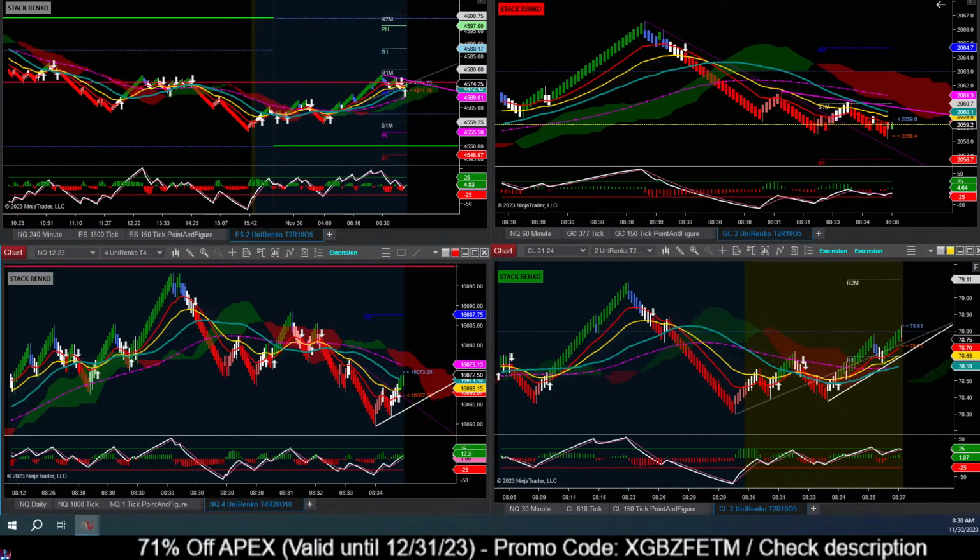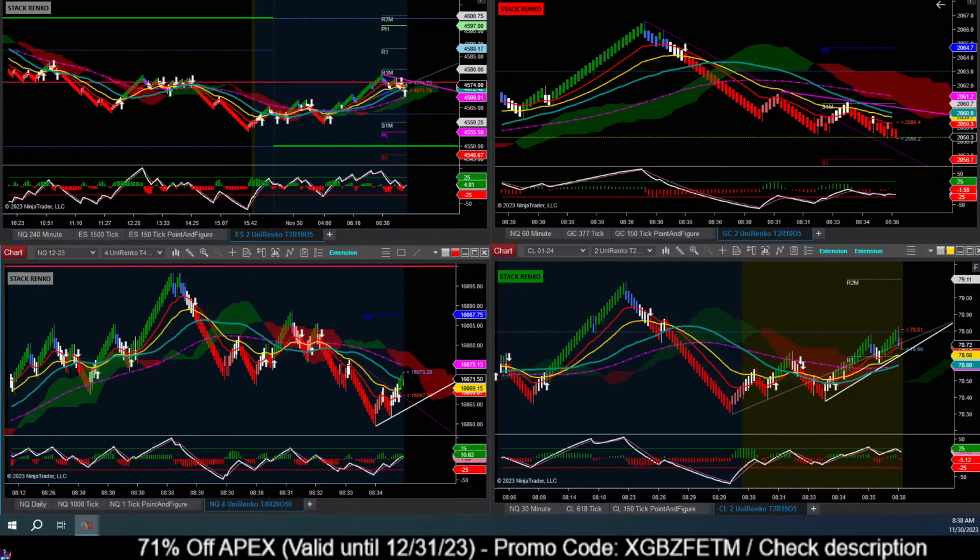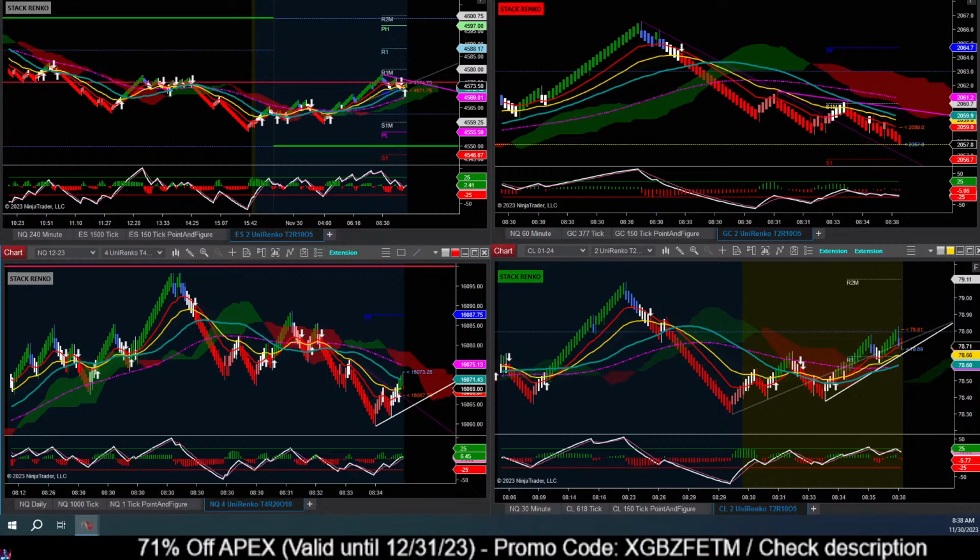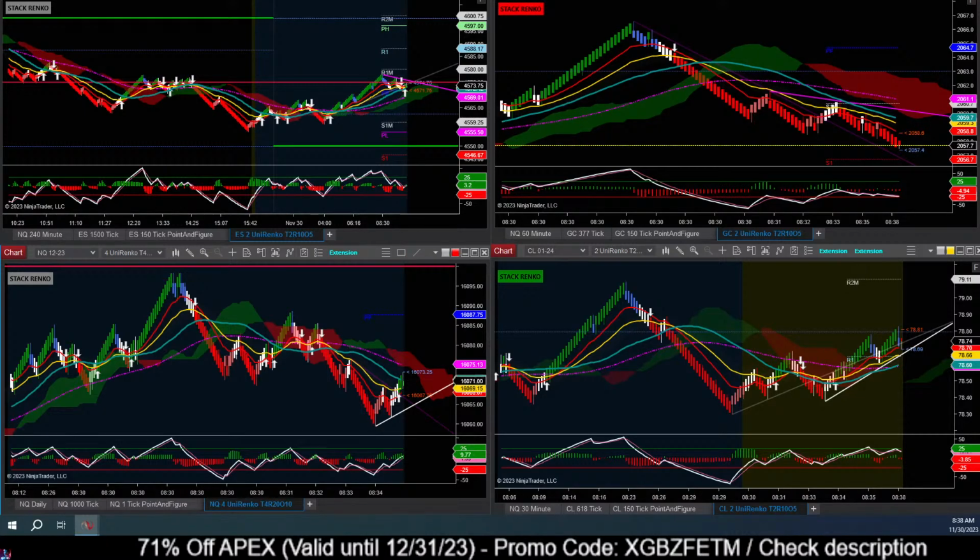And if this is rejected and the prices start moving off of these levels here. Okay, it's trying to get down again. And finally it's breaking. Let's see if it keeps moving down.